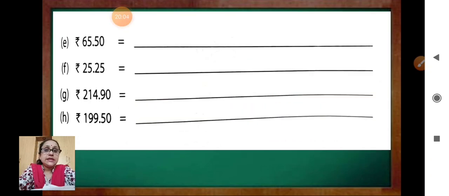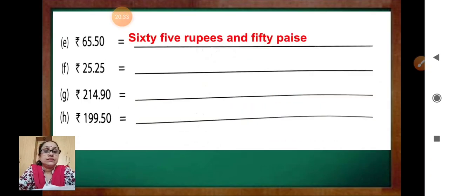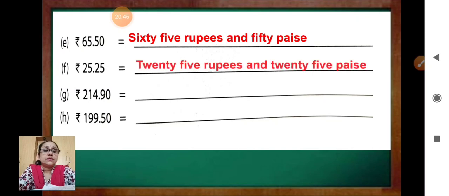Now question E. Okay? Question F, rupees 25.25. Right, 25 rupees and 25 paise. Question G, rupees 214.90.